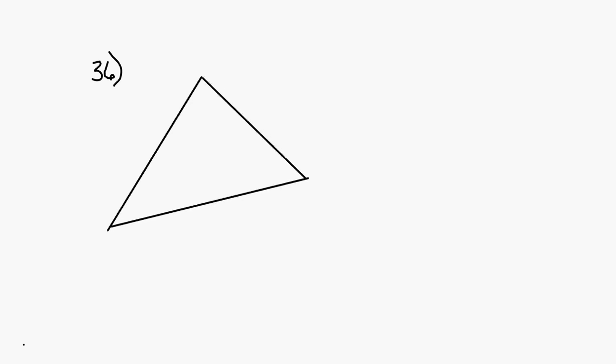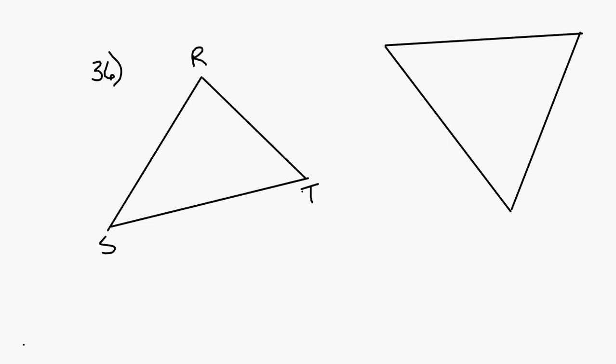Number 36. It says that R, S, and T are the vertices of one triangle. So R, S, T. E, F, and D are the vertices of another triangle. E, F, D. The measure of R is 70.